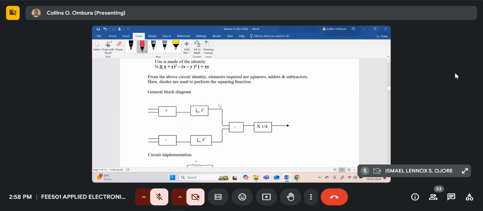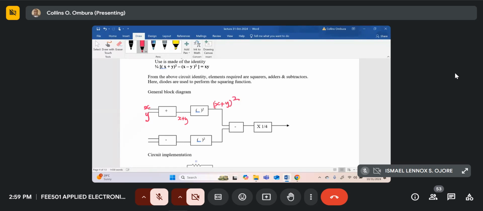So this is the block diagram of the implementation. You'll have input voltages x and y, so the output here will be x plus y. Then you put a squarer, so here you get x plus y squared.